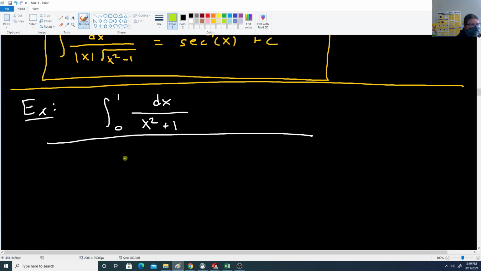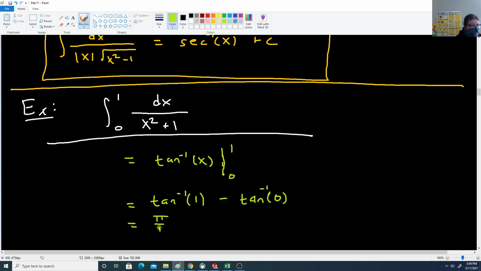So when we want to evaluate this, this will be arctangent of x evaluated from 0 up to 1, which will be arctangent of 1 minus arctangent of 0, which arctangent of 1 is pi over 4, minus arctangent of 0 is 0, and so this ends up just equaling pi over 4.